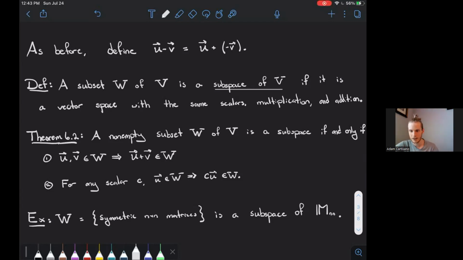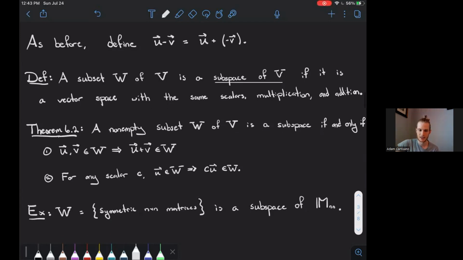In other words, if you hand me a subset of some known vector space, all I have to do is check that an arbitrary sum of vectors inside the subset remains inside of the subset, and an arbitrary multiple of a vector in the subset remains inside of the subset. If that's true, then all the other properties are going to hold.